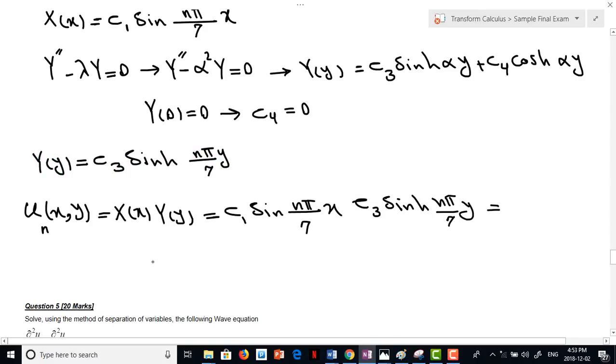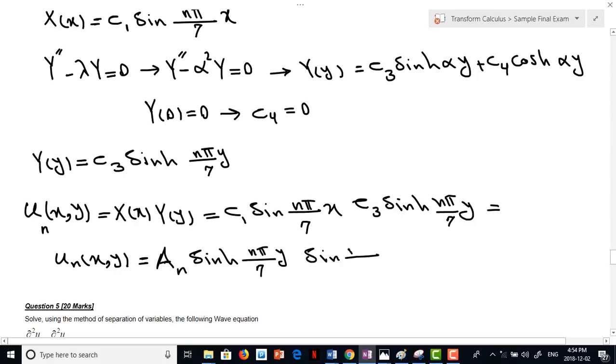So if you multiply it, you can see that un of x and y is equal to, C1 times C3, I say it's equal to a times an. So we have an sine hyperbolic n pi over 7 y sine n pi over 7 x.